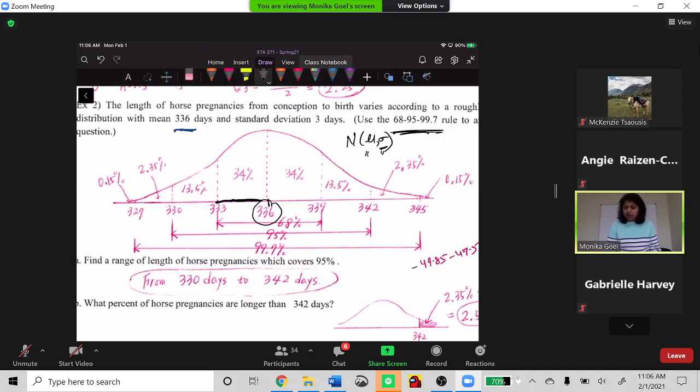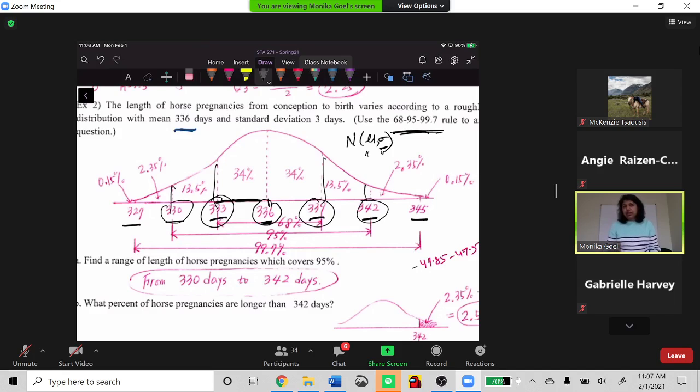Depending upon what my standard deviation is, I keep subtracting from 336, minus 3, then minus 3, and then minus 3. Same thing on the right, I keep adding 3, 3, 3. Then I find how much is 68%. It is between this range, then 95% between this range, and same thing for 99.7%.